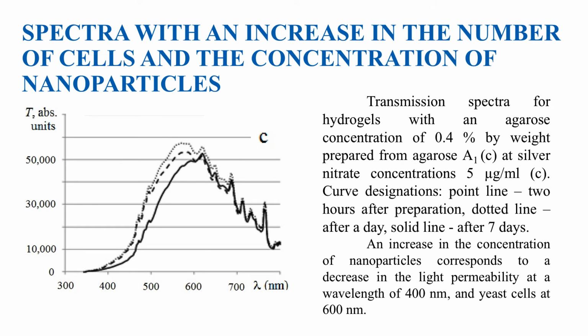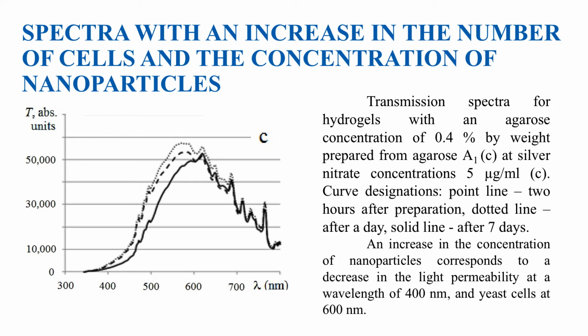Transmission spectra for hydrogels with an agarose concentration of 0.4% by weight, prepared from agarose of type A1 at a silver nitrate concentration of 5 micrograms per milliliter, were measured 2 hours after preparation, after a day, and after 7 days.